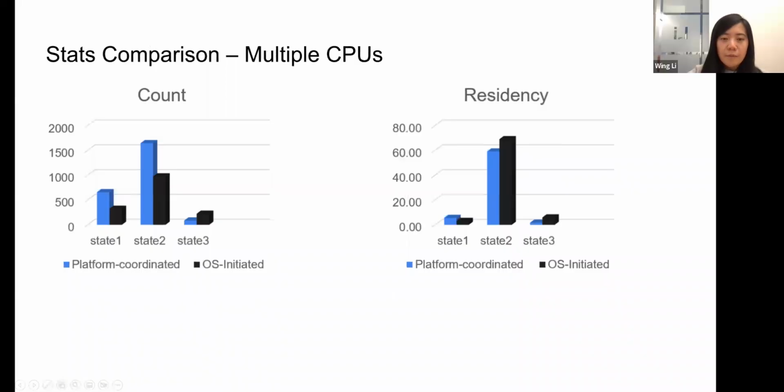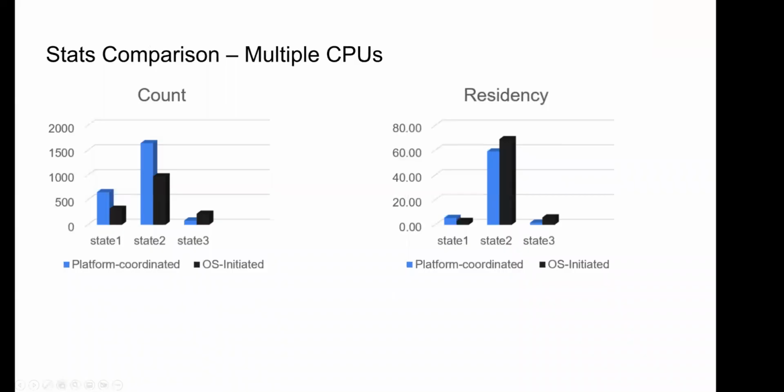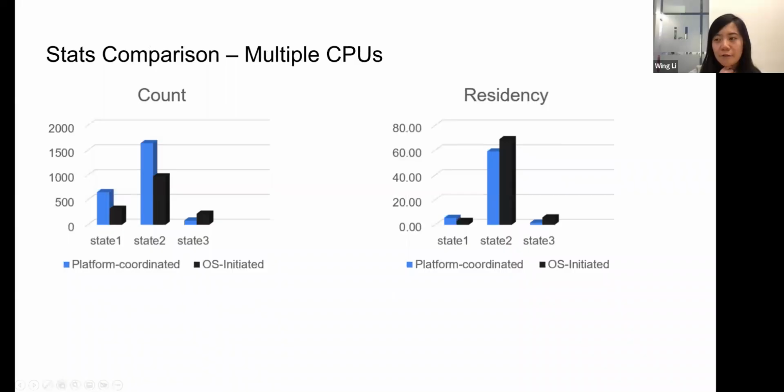Right. Yeah, please go ahead. Oh, I just want to add, I guess the other consideration, aside from the time spent in the GenPD governor selecting that state, is also the power savings that the SoC gets by being in that deeper state for longer. If I'm understanding the diagrams correctly, in platform coordinated, state 2 actually gets chosen more times, but the total overall residency is less.